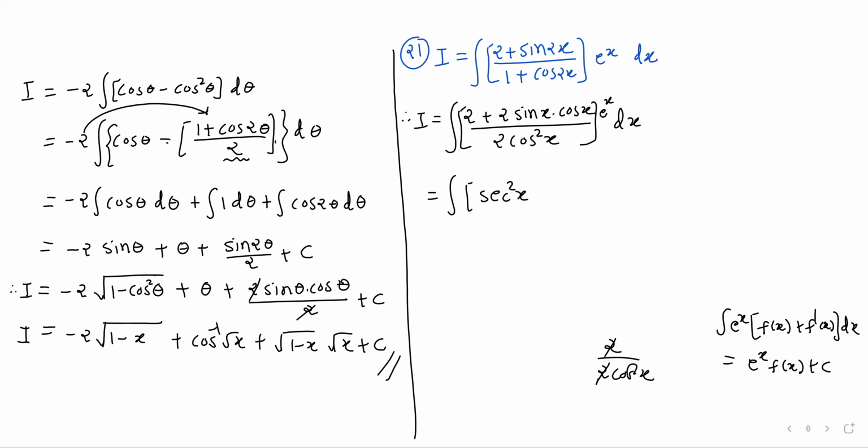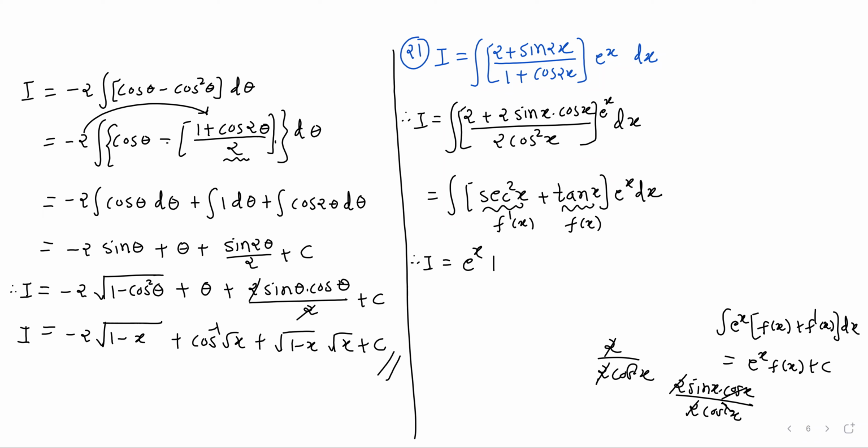Now again separate. 2 sin x cos x upon 2 cos square x. 2 gets cancelled, cos cancel. tan x, e raised to x dx. Now this one is your f dash x. This one is your f x. So according to formula, e raised to x tan x plus c. This one is your answer. Important for MCQ.